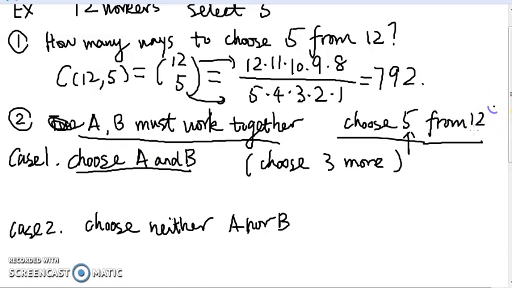We have a total of 12, and we've already decided to choose A and B, which means we only have 10 people left to choose from. So we want to choose 3 people from 10.